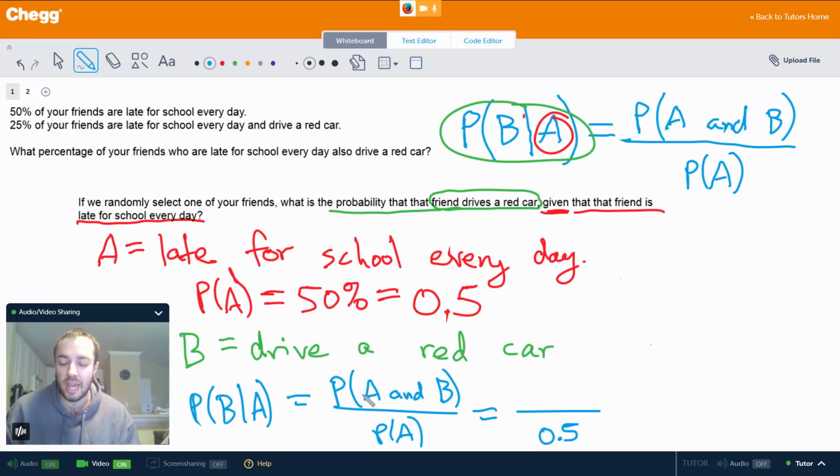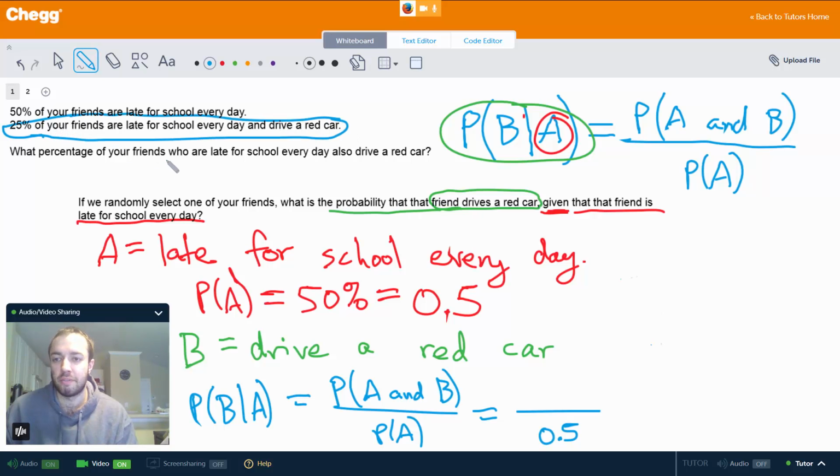So what's P of A and B? Well, P of A and B is, well, A is late for school every day, B is drive a red car. So what's the probability that the randomly selected friend is late for school every day and drives a red car? Well, we're also given that information right here.